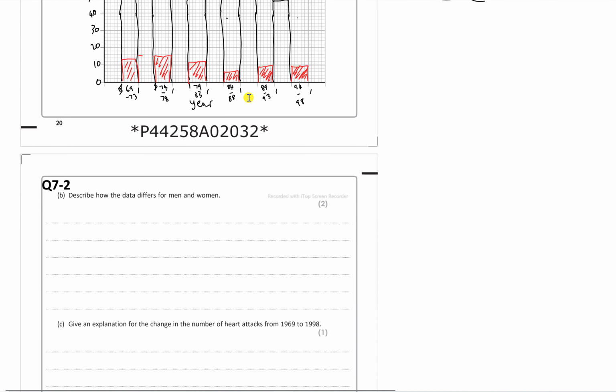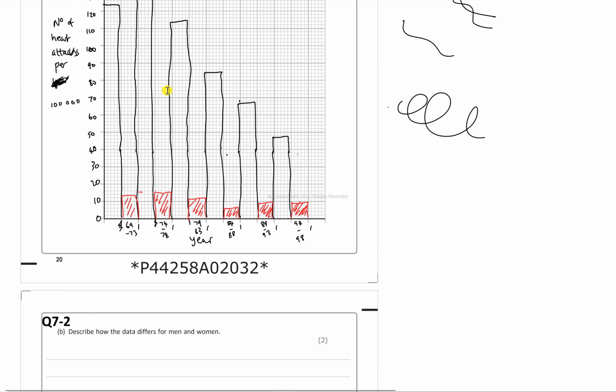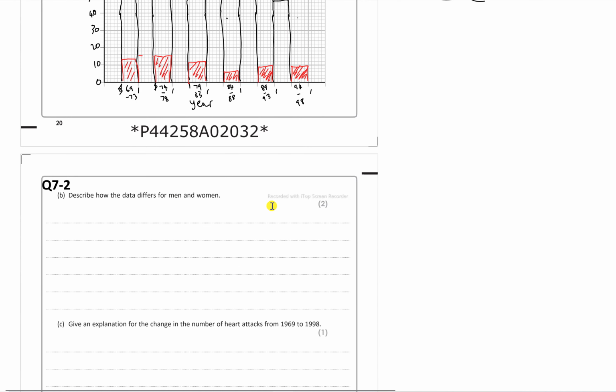Right, we've done that. Describe how the data differs for men and women. So what happened was the men's data went up slightly and then it started going down, and the women's data decreased slightly then increased. So you can say, right, okay, let's write this properly.